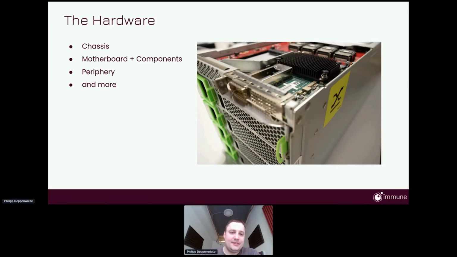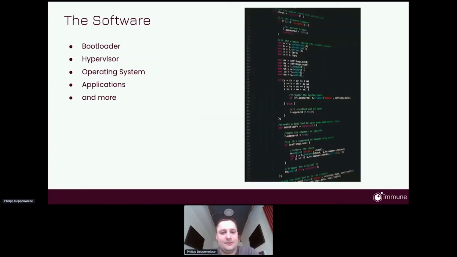And aside from the hardware, you have software, which could be a bootloader, a hypervisor, operating system, applications, and more, right? I didn't list everything here, but basically you have software there. You can exchange hardware and software. This is not a problem at all, right? You can install whatever operating system you want and have the hypervisor or bootloader you want. And also you can get the hardware you want.